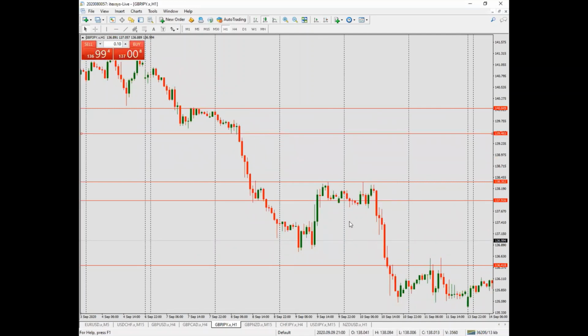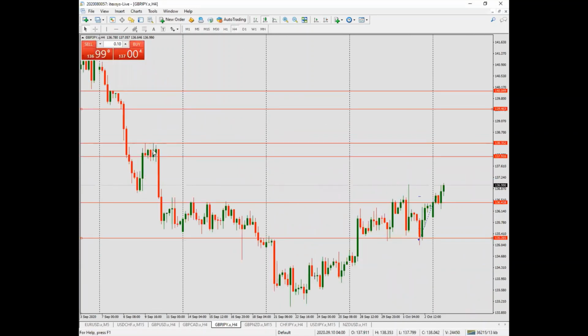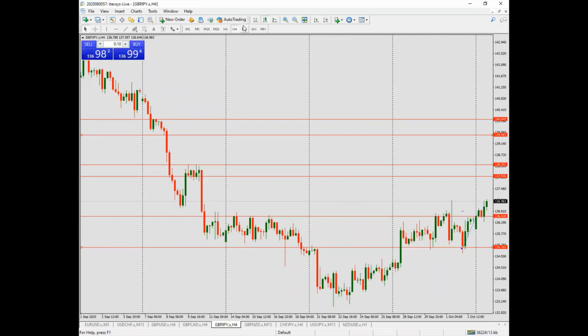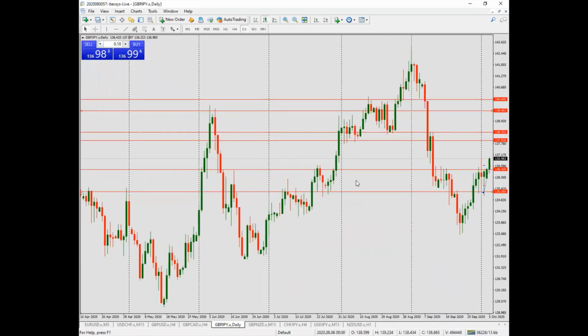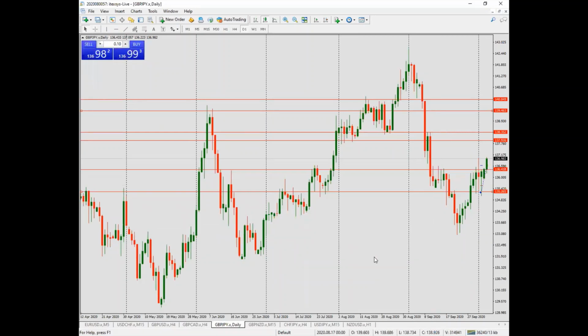But I strongly believe that the supply we saw on this 4-hour chart, this one, will give us a good reaction. So on the daily chart, the conclusion will be the same. All right, that's it for the GBP against the Japanese yen.